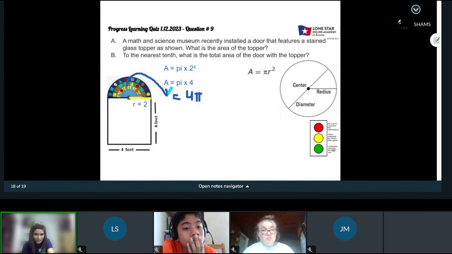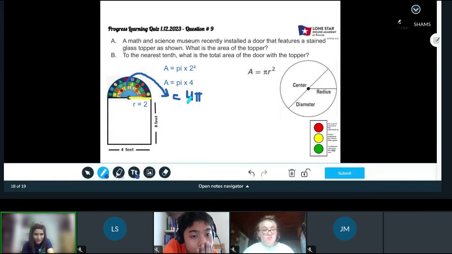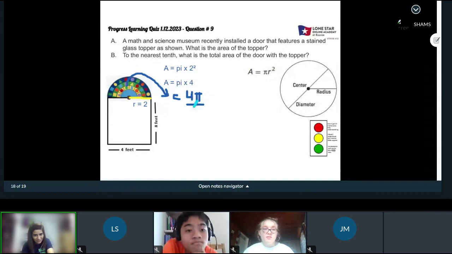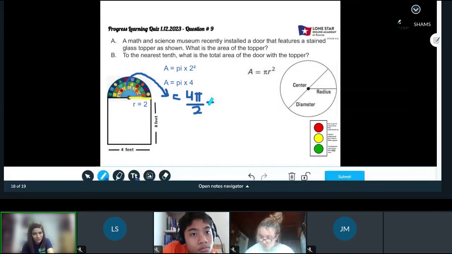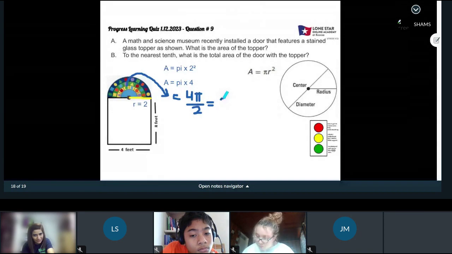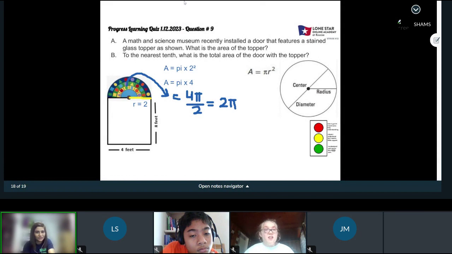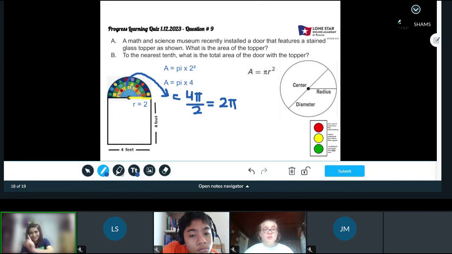So take half the area. So 4 pi, then divide that by 2. Therefore, the area of this half circle is supposed to be 2 pi. Right? In this one, they wanted the answer in terms of pi, and JJ just reminded me. Very good, JJ. I wasn't looking at my answer key as much, but you're right.